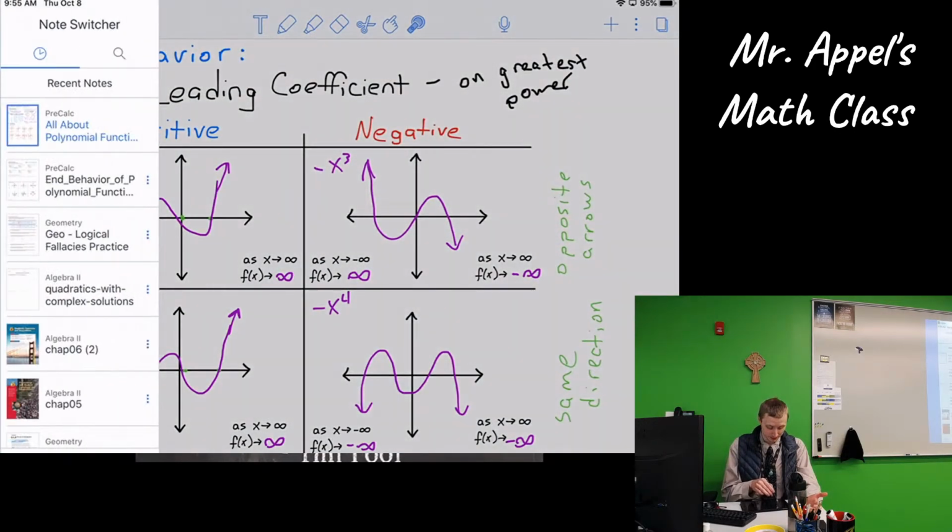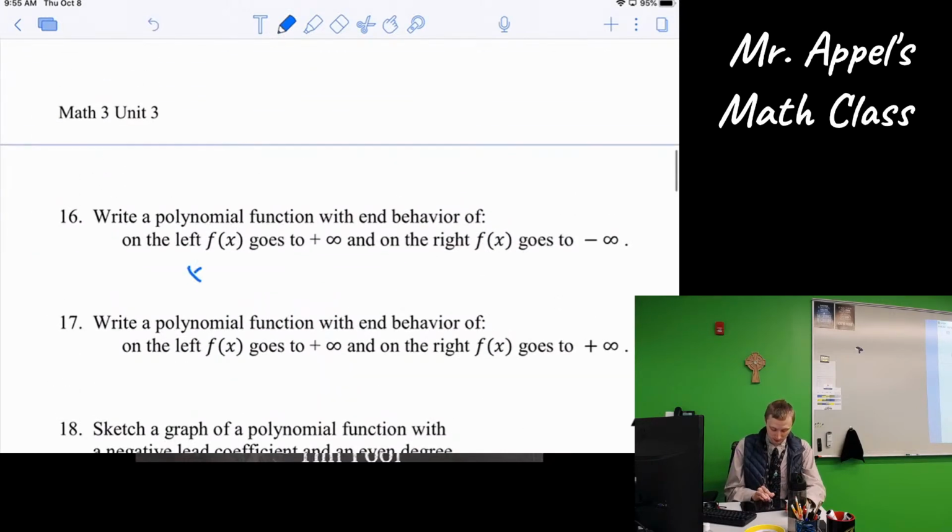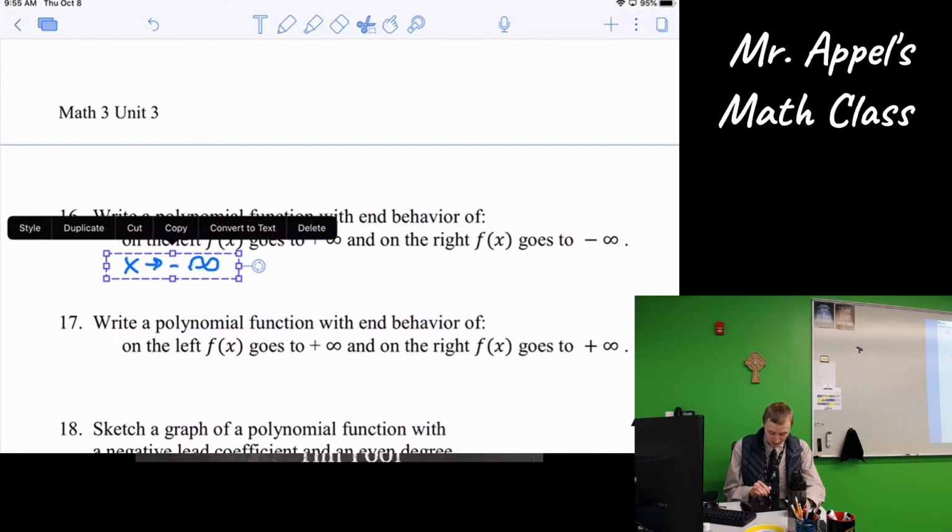So if I want on the left, so that is to say, as x approaches negative infinity, that's on the left side.